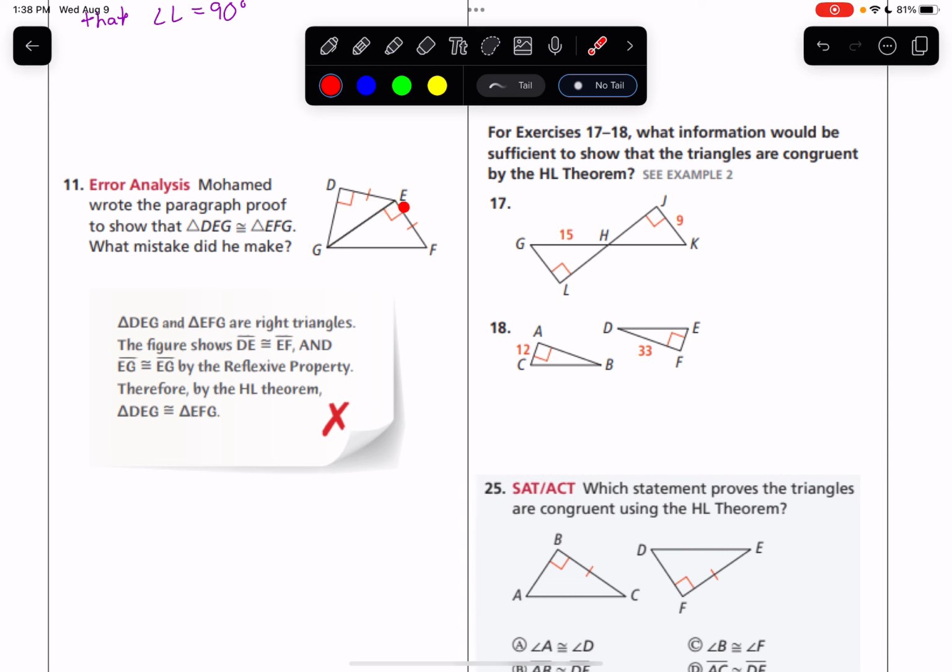EG, however, that happens to be the hypotenuse of triangle GDE, but it's not the hypotenuse of triangle EFG. So this leg being congruent to itself is not useful for showing that a leg, a hypotenuse, and a hypotenuse are congruent.